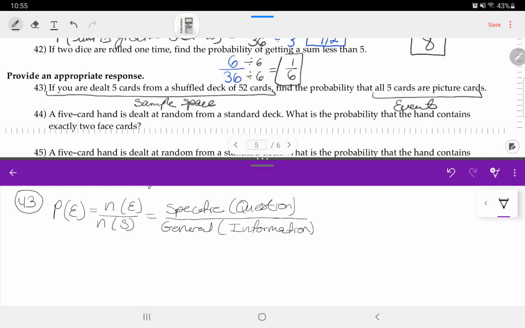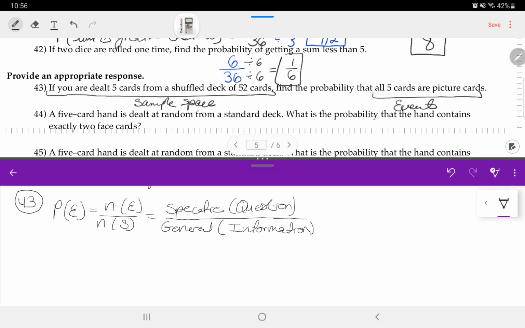Now, focusing on the sample space first. We have 52 cards in my deck, and we are choosing 5. 5 are being dealt to us. On a general level, and I repeat, on a general level, it doesn't matter which 5 cards we are dealt as long as we have 5 cards. Each card is distinct with a different color, a different value, and a different suit. Once a card is dealt, that card cannot be repeated again.